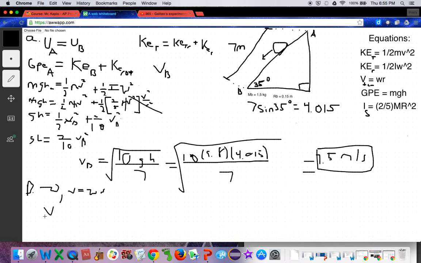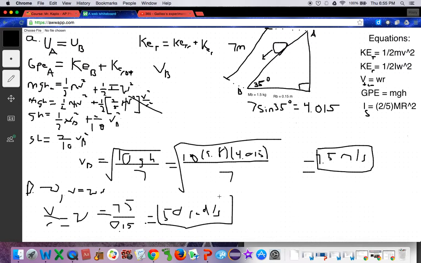And omega is equal to v over r, which we just solved for. 7.5 over 15 centimeters, or 0.15 meters, gets me an answer of 50 radians per second.